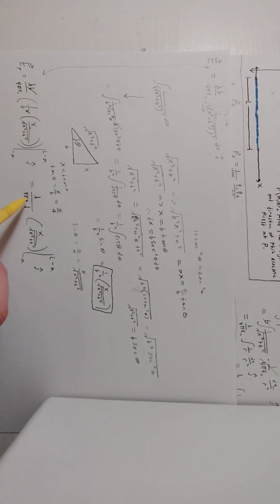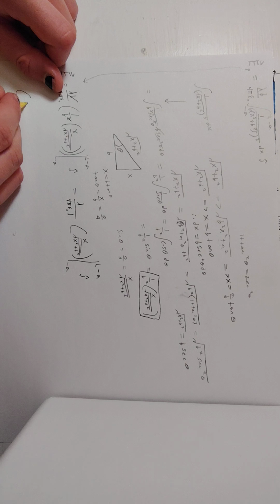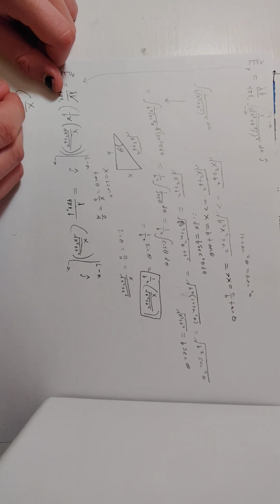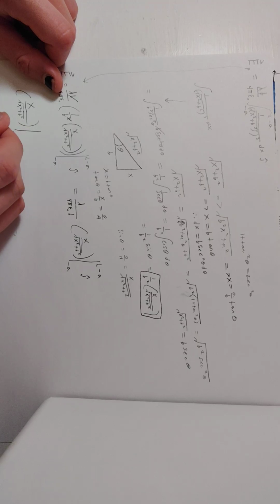Let's evaluate this separately, just so we can make this thing a little bit simpler. x over square root x squared plus b squared, evaluated from negative a to L minus a. With that we just plug in for what x is, right?